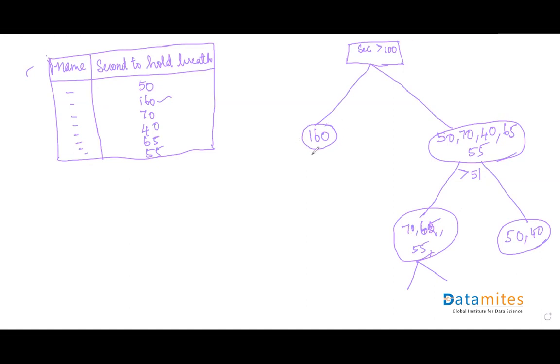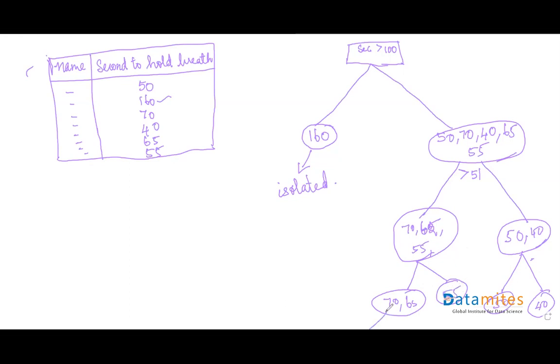If you notice here, this particular data point is isolated, right? And here, until each data point is isolated, it is going to split in a similar way. Here with some condition, let's say it is splitting these two data points, and here again with some condition it is doing the split.